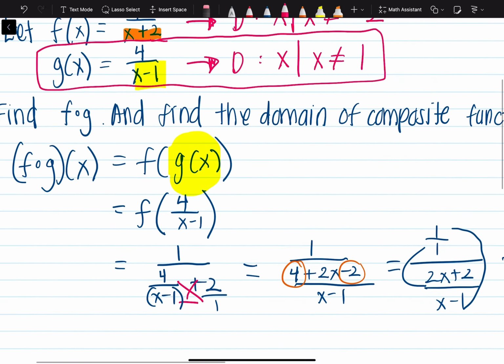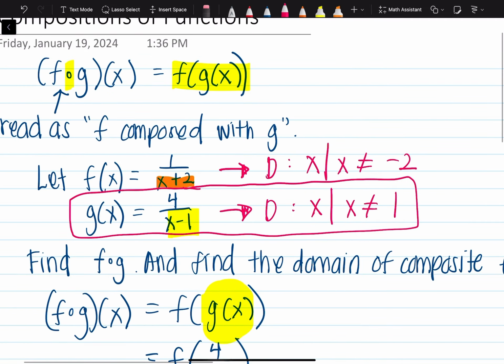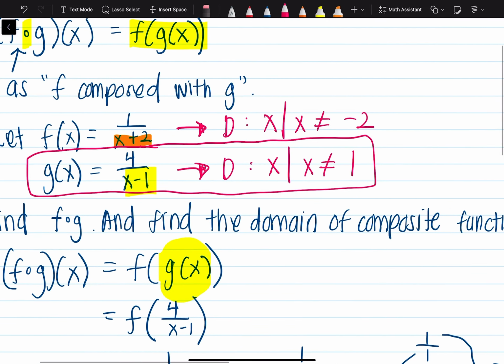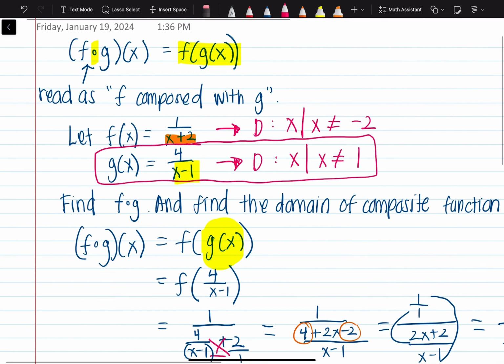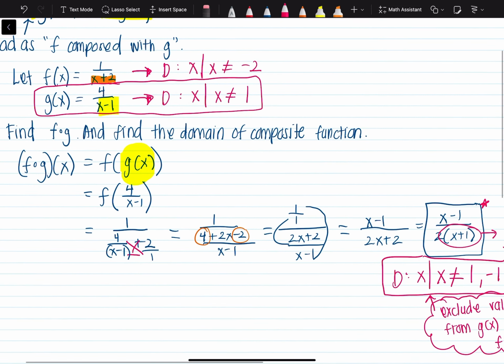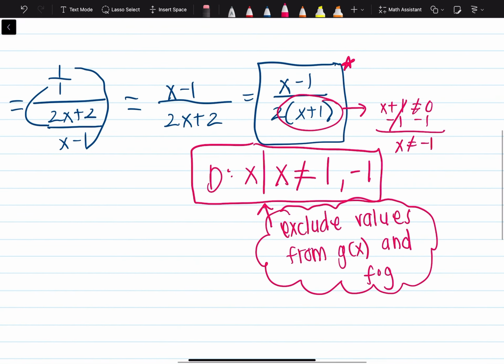That was more just to know in general what values had to be excluded from f of x, just because it's good to be aware of domains of functions as you're working with them. But to actually determine the composite one, you just use g of x, which is the function that you're actually using to substitute into the other function, and then the new composite function, just considering the domain from there.